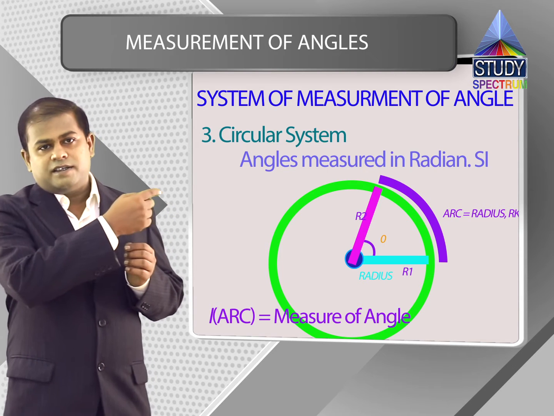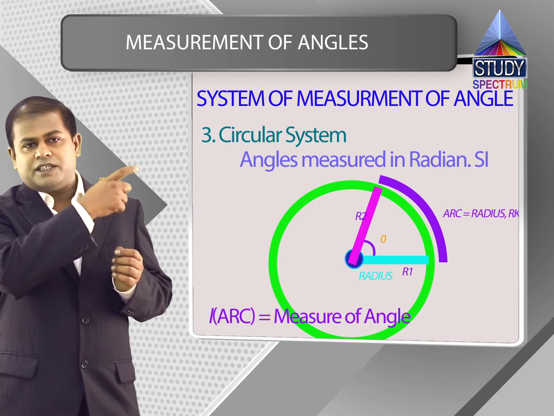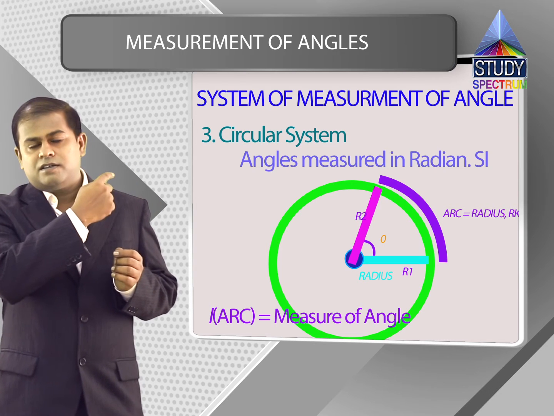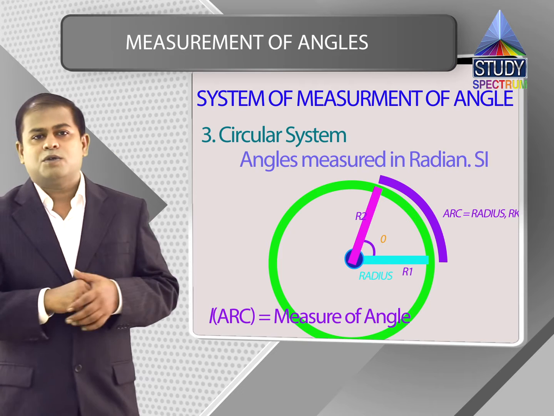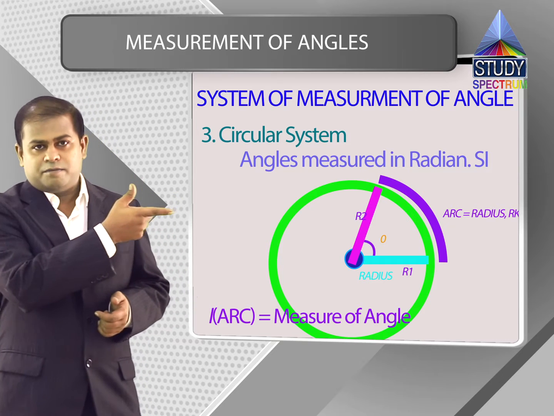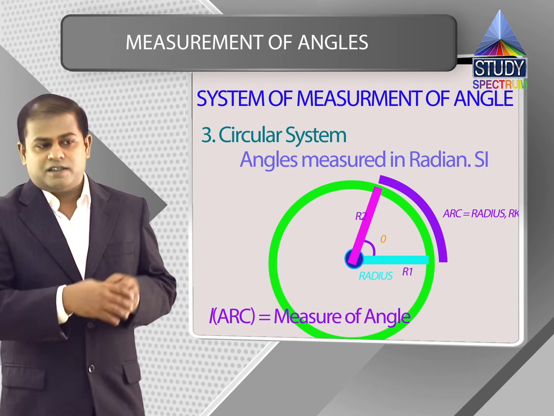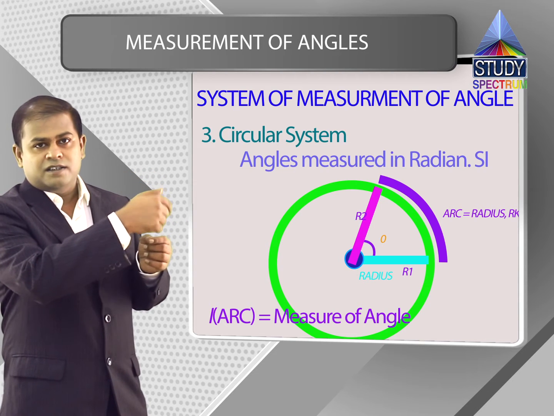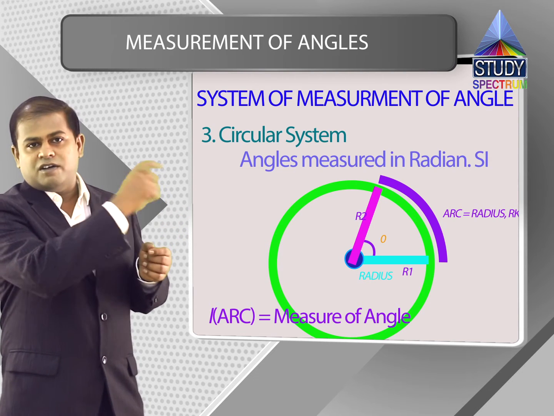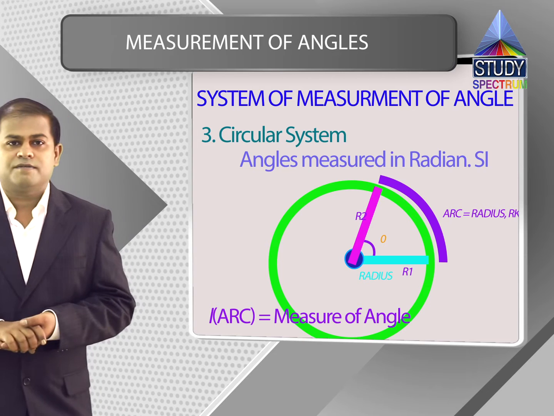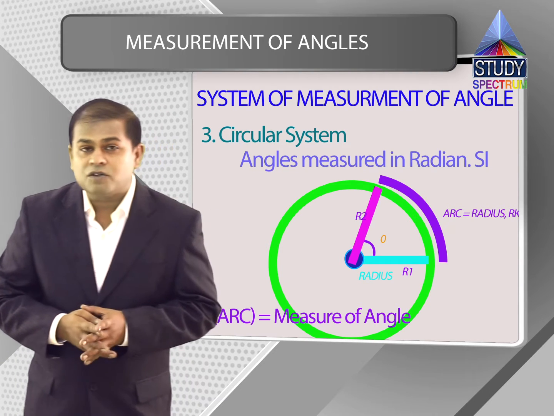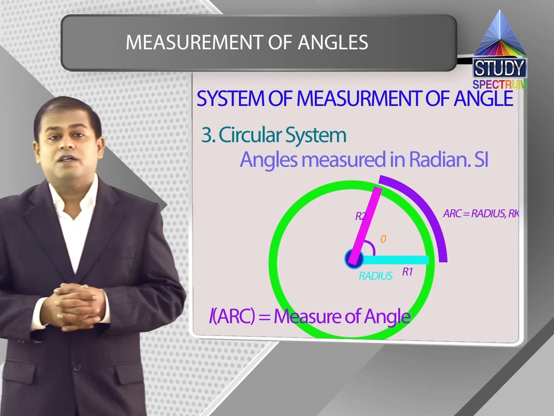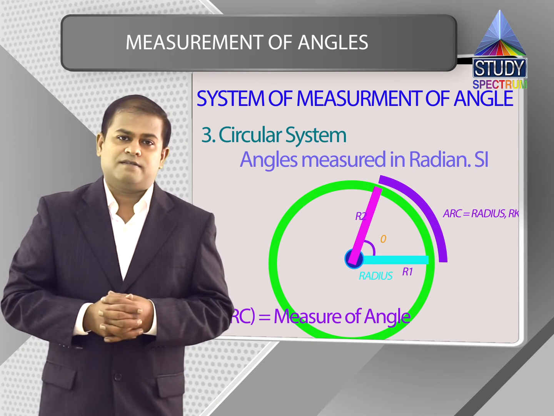So if you see S and 2S, the length of arc is doubled, and proportionately the angle is also doubled. The rotation which we provide in order to obtain an arc of double length also gets doubled. Right? So what we say is the length of the arc is directly proportional to the measure of the angle.